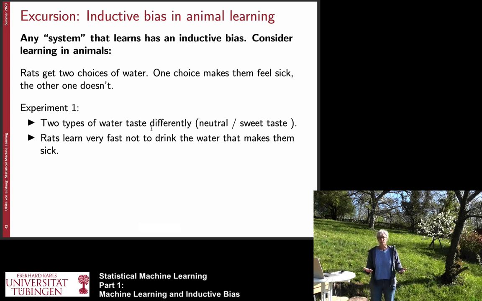And as has been observed in these experiments, the rats learn very, very fast to only drink from the type of water that doesn't taste sweet. Even if you put the bowls in a different spot and so on, the rat would try a tiny bit of the water, and if the sweet water is the one that makes it sick, it wouldn't drink it if it's sweet. And the rat learns this very fast. Okay, so far so good, nothing really surprising.